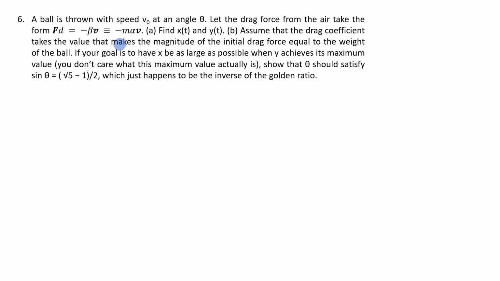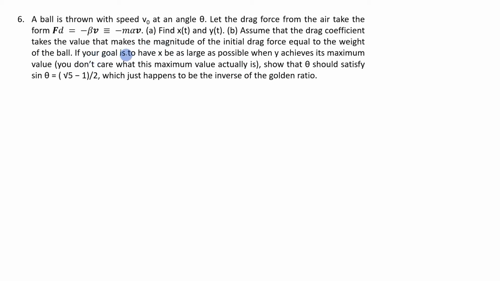A ball is thrown with speed v0 at an angle theta. Let the drag force from the air take the form F_d equals minus beta v, of course with the approach m alpha v. Find x(t) and y(t). And for part b, assume that the drag coefficient takes the value that makes the magnitude of the initial drag force equal to the weight of the ball.